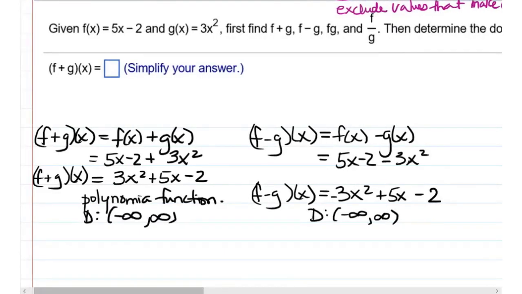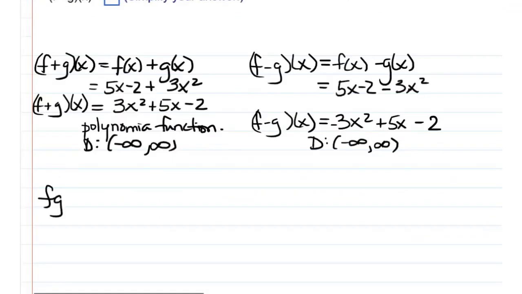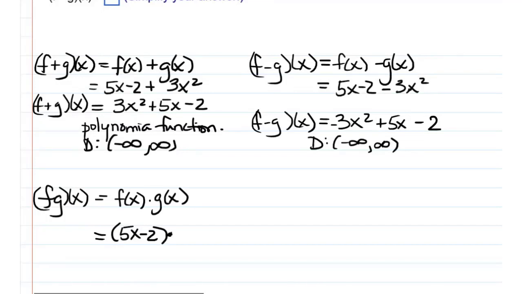Okay, let's try finding the product of f and g. F g of x is how it's denoted, but all that means is take your f of x, whatever it's equal to, and multiply it times g of x. So that's going to be 5x minus 2 times what we were told g of x is, which is 3x squared.